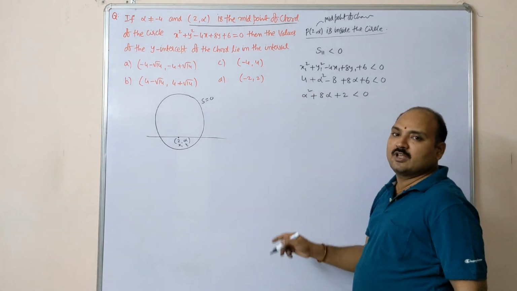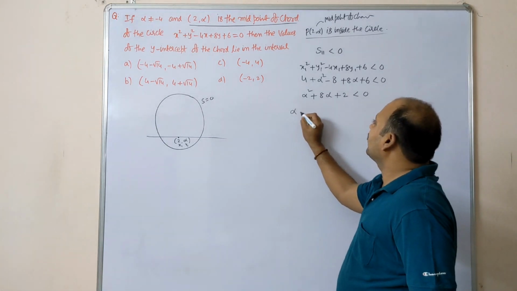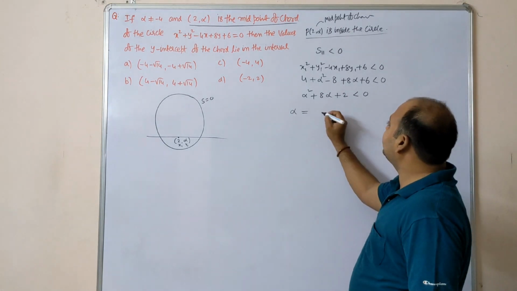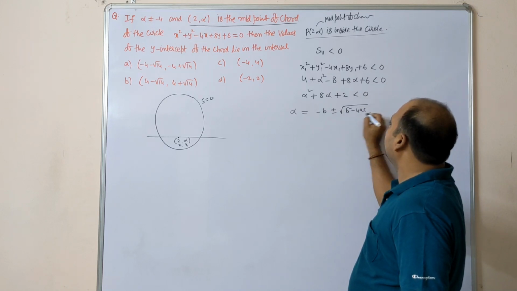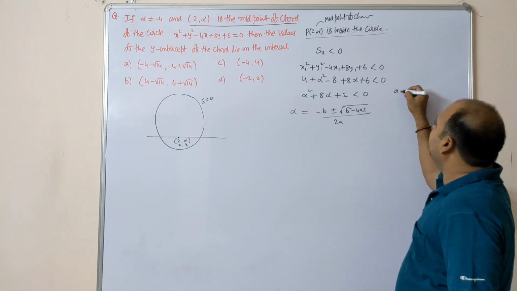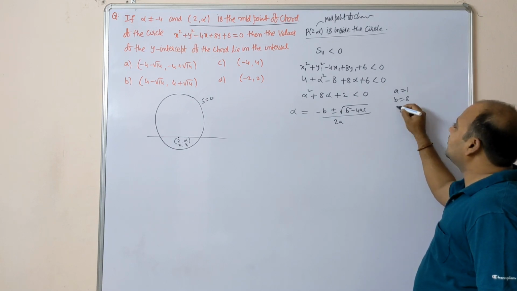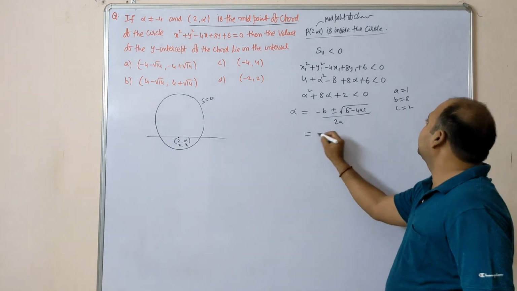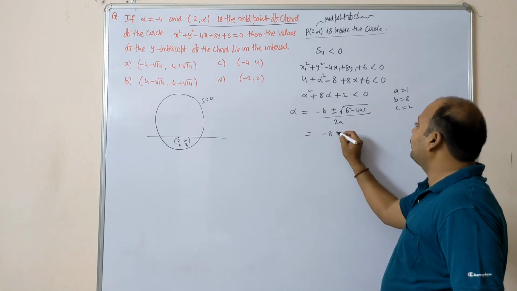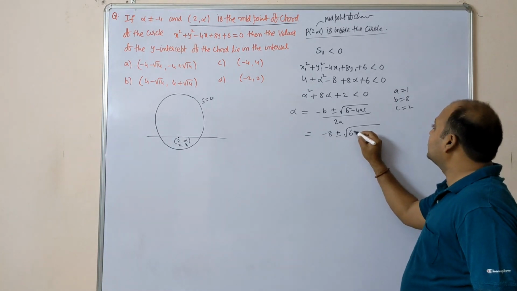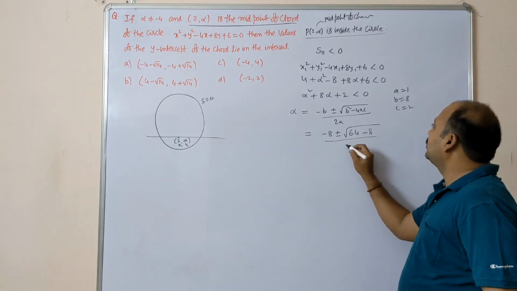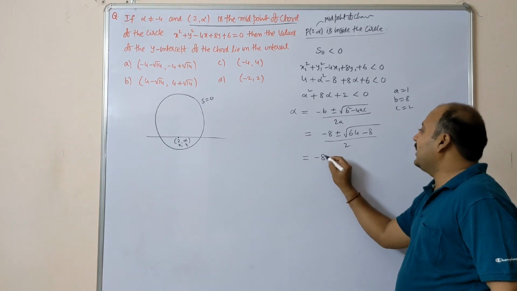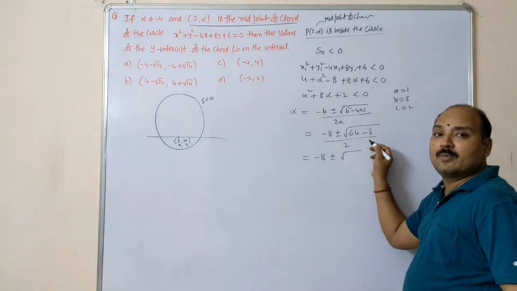Alpha is equal to minus b plus or minus root of b square minus 4ac, by 2a. So a value 1, b value 8, c value 2. So minus 8 plus or minus root of 64 minus 4 into 1 into 2, by 2.